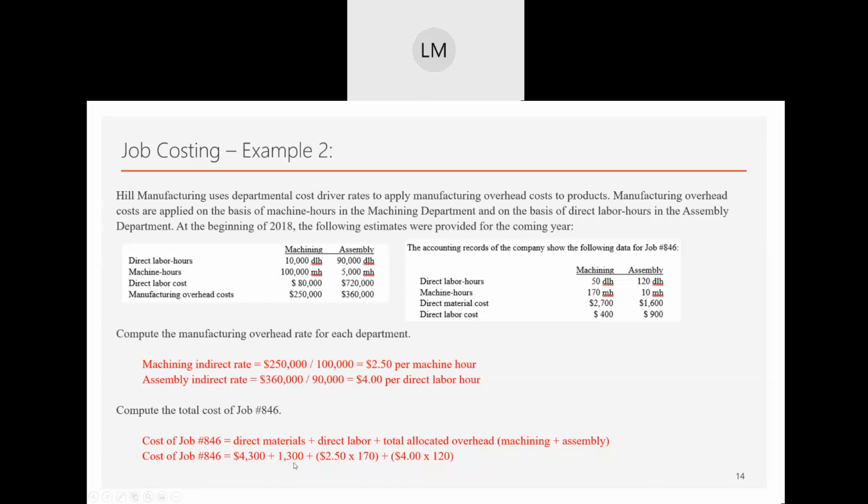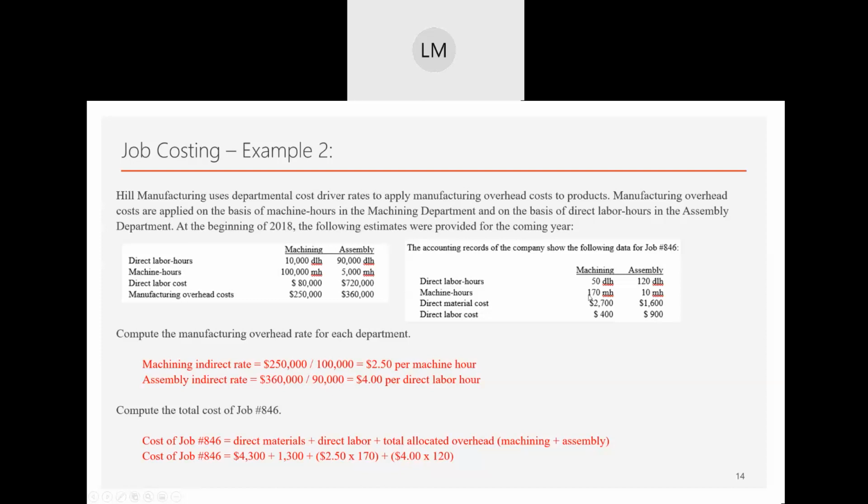Remember, we have two departments, so we're going to allocate overhead on the basis of machine hours in the machining department, and then on the basis of direct labor hours in the assembly department. So I'm going to take my overhead allocation rate, $2.50 per machine hour, and job 846 took how many machine hours in the machining department?